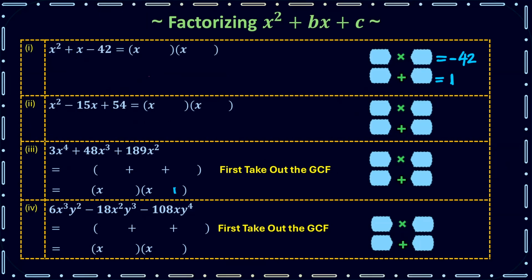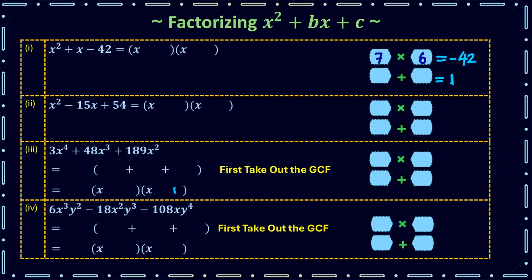You don't want to think of what two numbers add up to 1 or subtract to 1 because there are so many possibilities. But we can easily think of two numbers that multiply to negative 42. There are not many possibilities. These two numbers should at the same time add up to 1, and 42, as we all know, is the product of 7 and 6.